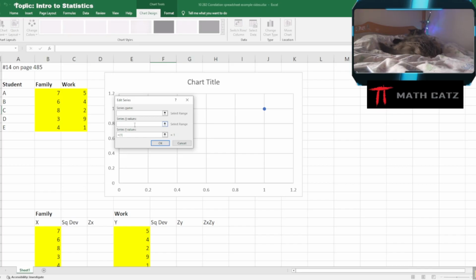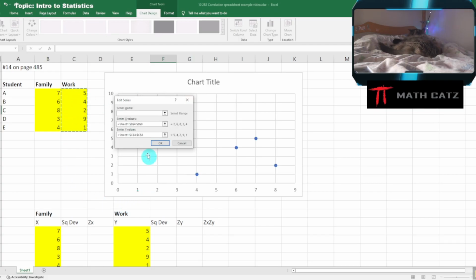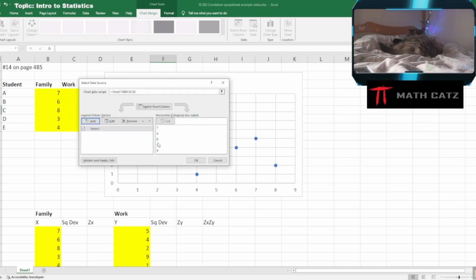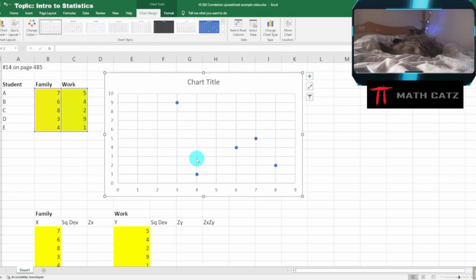I don't really care for this example. My X values, I'll select here the family values. And then the Y values, I delete what is in there. I know this is very small, unfortunately. I can make it bigger. And I'm going to select the work as the Y values. Click OK. Click OK. And there are my data points.